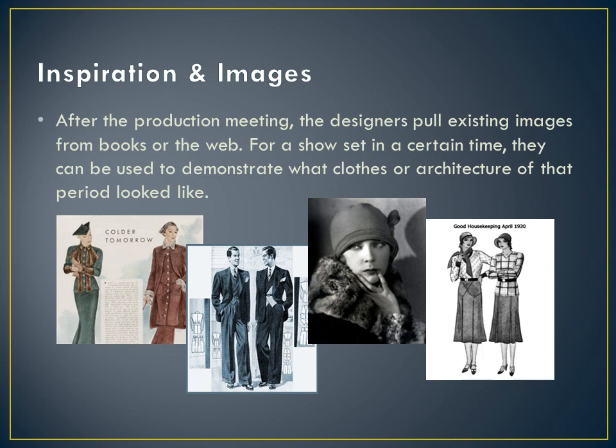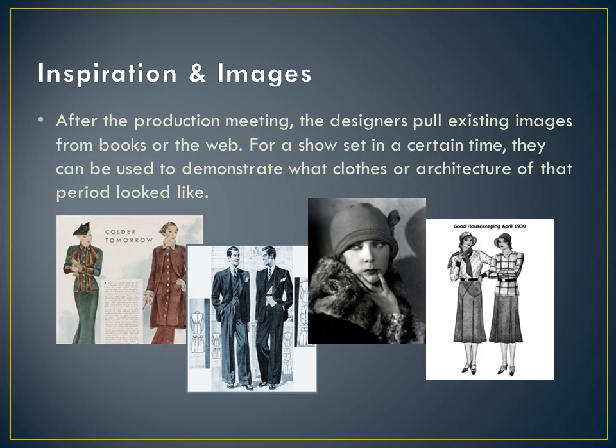That usually starts by pulling inspiration and images that already exist from either books or from the web. This gives designers a sort of starting place to start considering what the look of the show is going to be. If a show is set in a given period in time, as many shows are, these existing images can give the designers a sense of what the architecture or the fashions of that period looked like.